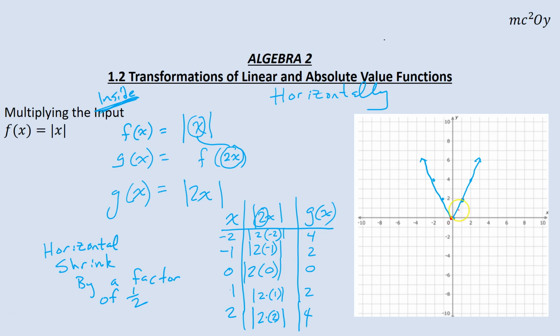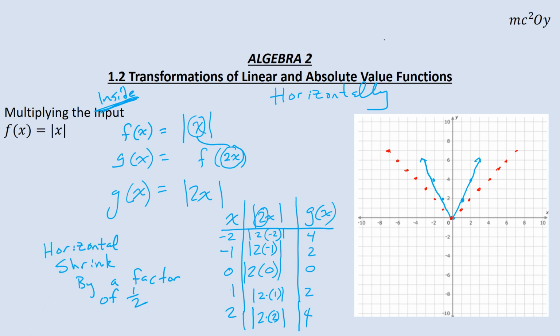So if I put my original function back up here, I think I'll just put the dots. Okay, that should be enough points. Okay, so if I have my original function there, let's go ahead and switch colors here.